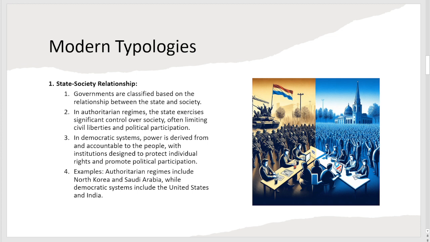So there is an unequal or imbalanced relationship between state and society. By saying that, for a democratic society, there is a balance in the relationship. So that is one way of looking at the state and society relationship in the classification of political systems.